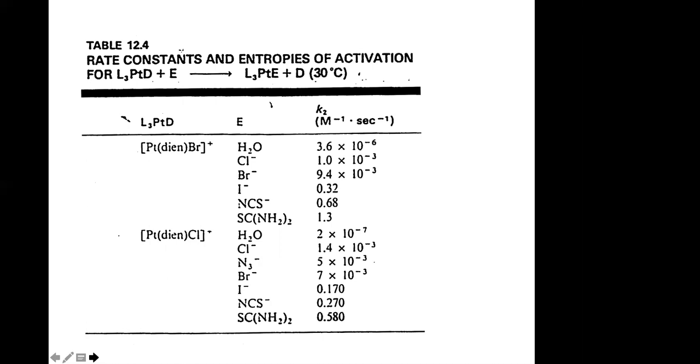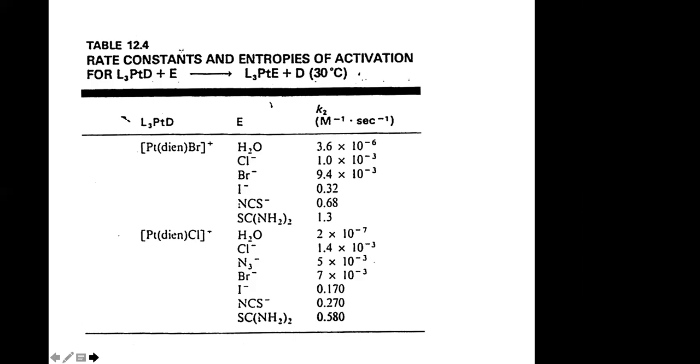So it occupies 3 sites of the square planar coordination on the platinum 2 center, and the 4th site is taken up by a bromide. All of these substitutions will be replacing the bromide with a variety of entering ligands, water, etc.